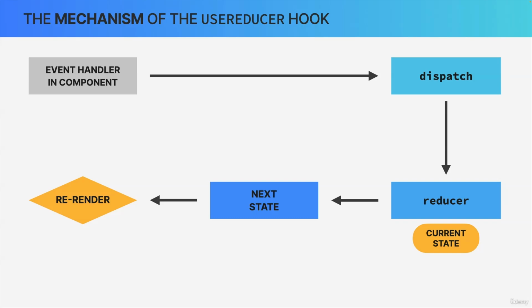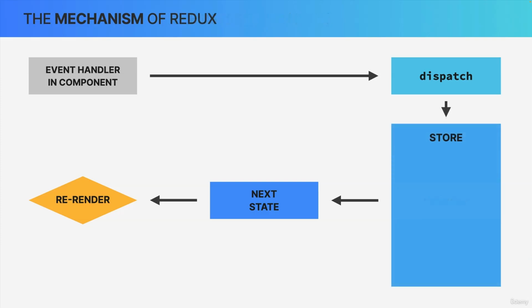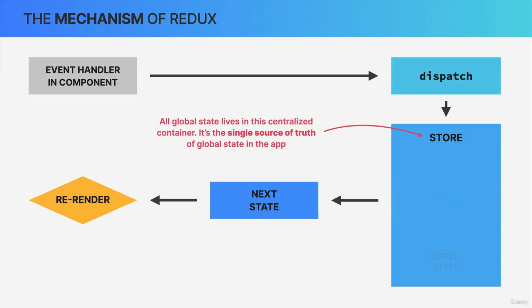So the first difference between useReducer and Redux is that in Redux, we actually dispatch actions not simply to the reducer, but to the store that we talked about at the beginning. This store is a centralized container where all global state lives. It's like the single source of truth of all global state across the entire application.